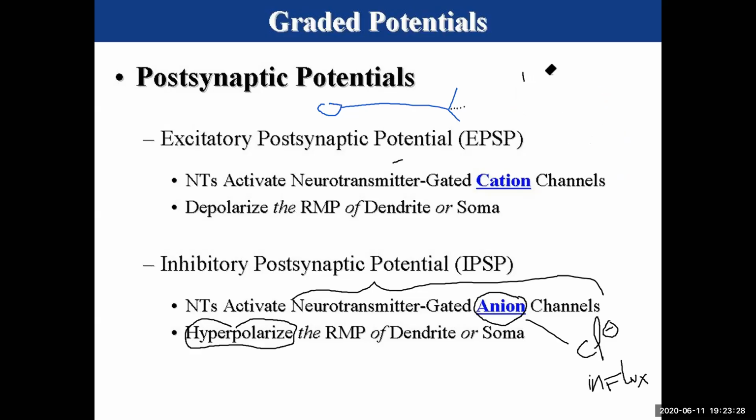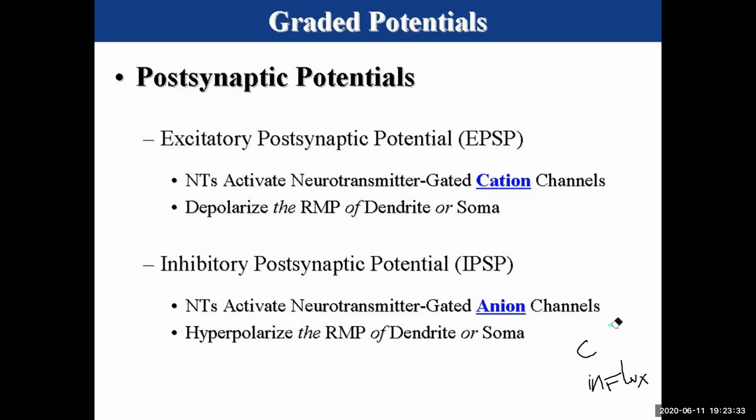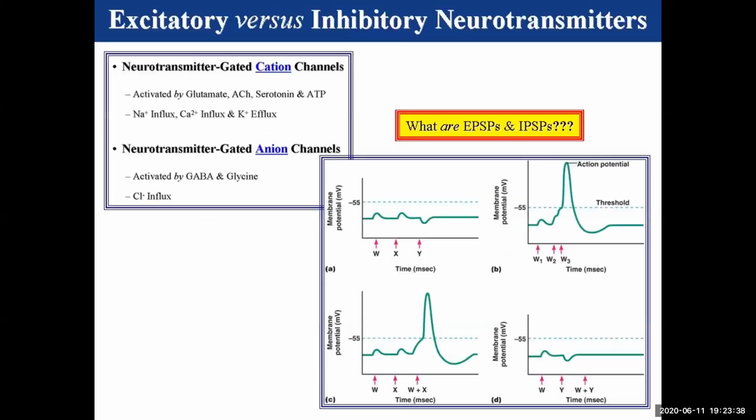Okay, so let's move on to the details on the next slide. I think I wrote down everything for you. Okay, so there are excitatory and inhibitory neurotransmitters. When we say neurotransmitters, they are released by the presynaptic neuron, okay? So neurotransmitters are chemical messengers used by neurons, used by the nervous system.